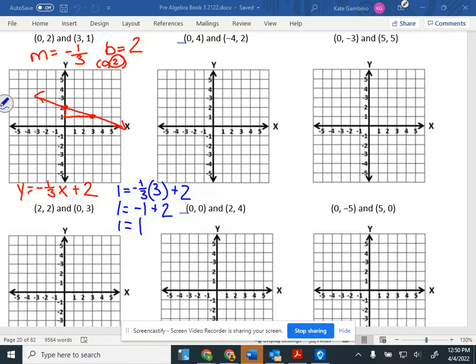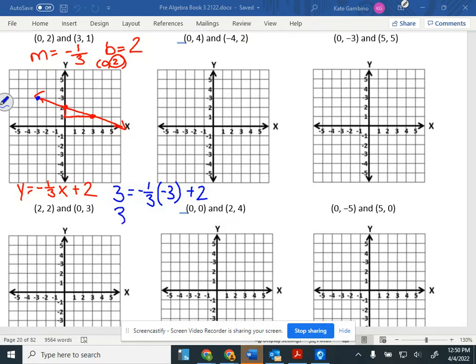I could even take a new ordered pair, that I know from my slope, I know negative 3 should work. So let's try that one. Let's put in our negative 3. So 3 equals negative 1/3 times negative 3 plus 2.